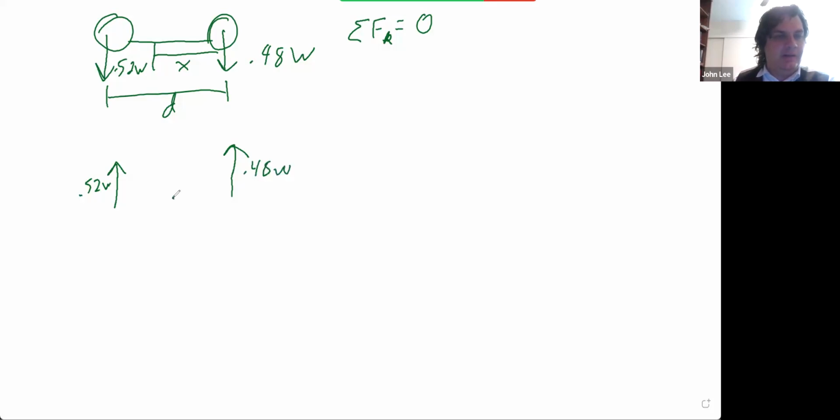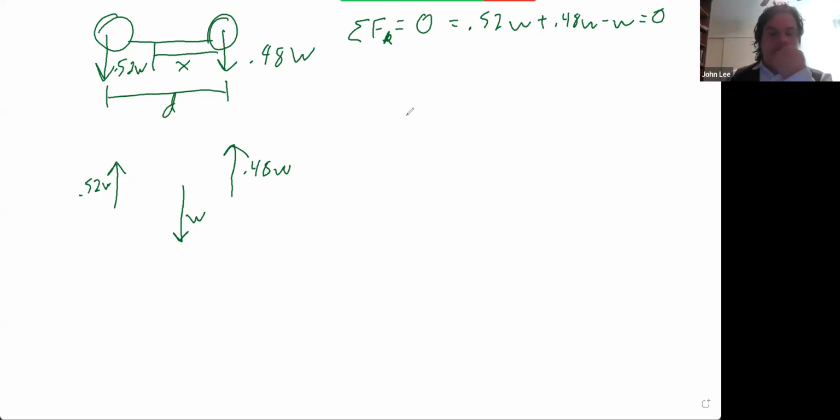And then there's going to be a weight from somewhere in the center of mass, which is going to be pulling down in this direction. So when it comes to forces, all we have to say is that positive 0.52 weight plus positive 4.48 weight minus W equals 0.